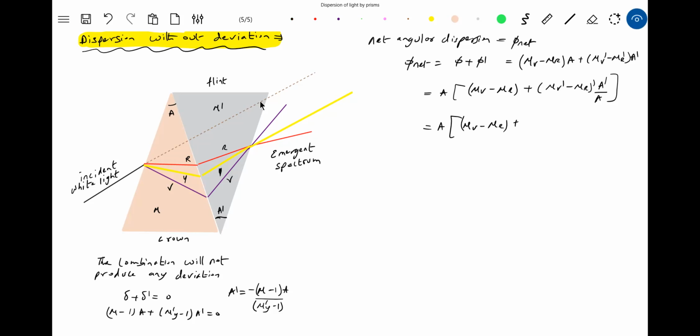Again, same thing. So I will take the help of this A dash. Why this value? Again, it is understood for yellow only. So this will become mu V dash minus mu R dash. A dash by A will be minus 1, mu minus 1, let me take common.